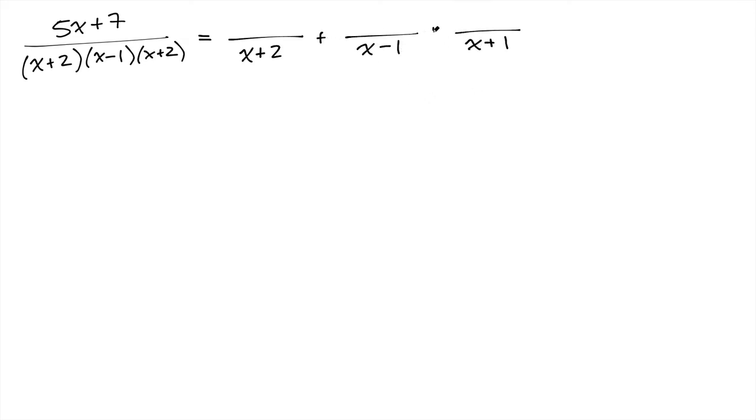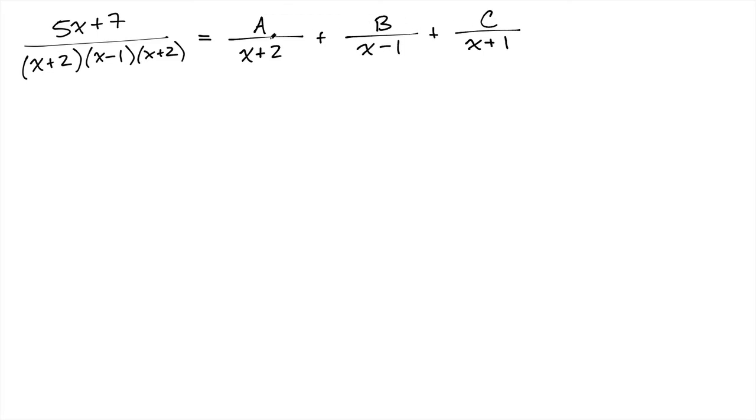The numerators we don't know. So we're just going to call those some random constants that we don't know, but we'll illustrate them with some variables there. And those constants are what we want to find. So our partial fraction decomposition form is we have a fraction for each of the factors, and in the numerator an unknown constant.